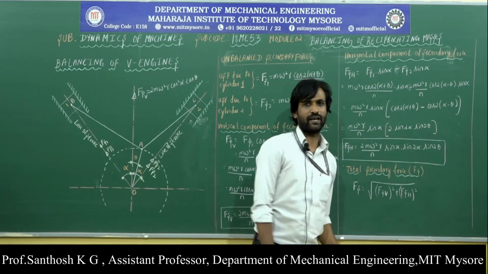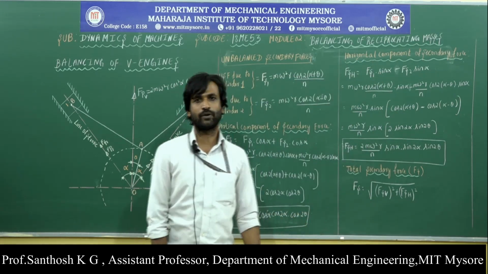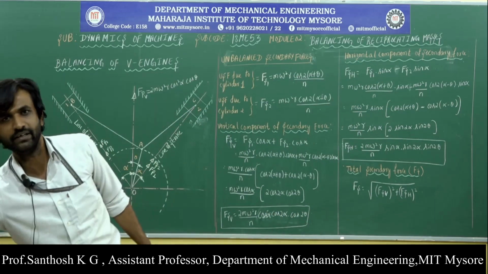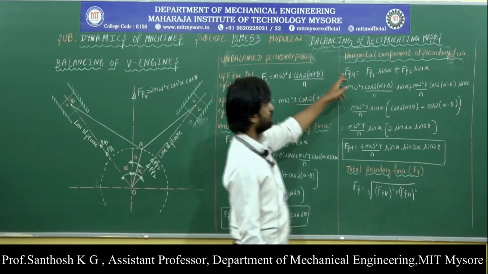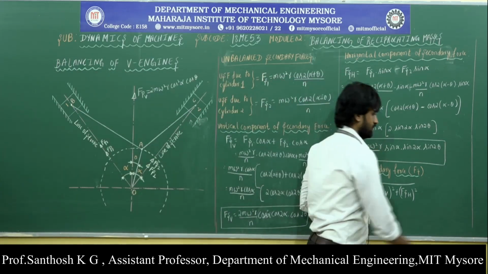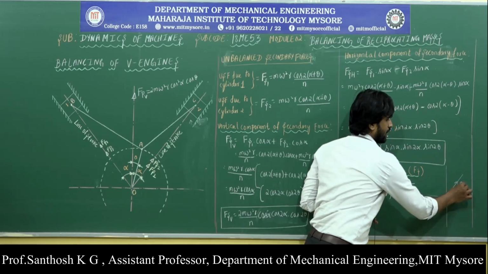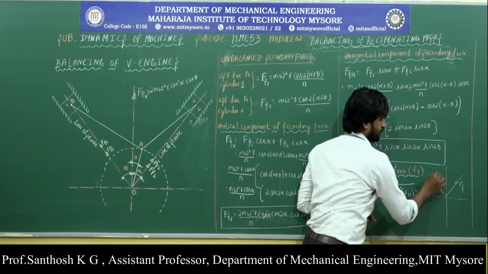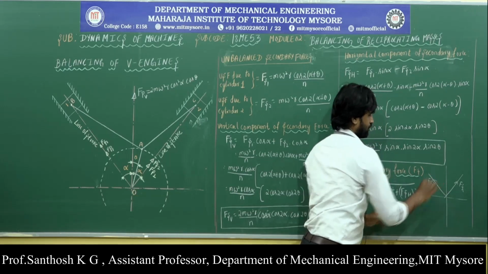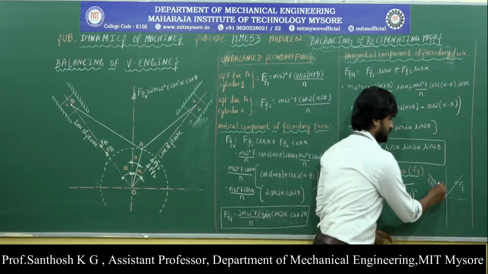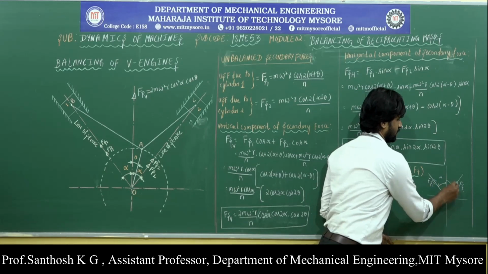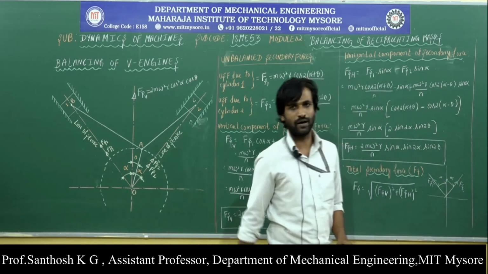Now let us try to calculate the horizontal component of these secondary forces. In order to calculate the horizontal component, I need to resolve the forces Fs2 and Fs1 along the horizontal direction. These two forces, with respect to the vertical, are inclined at an angle alpha.